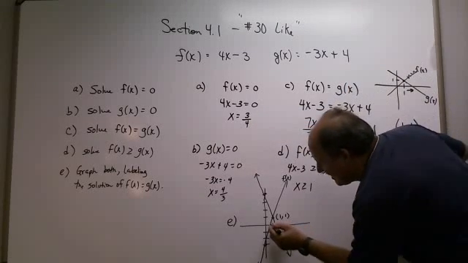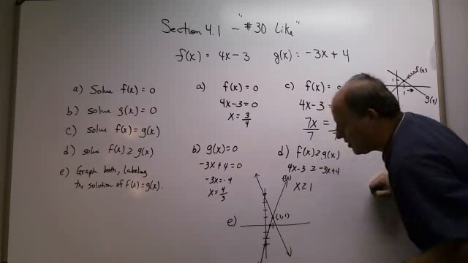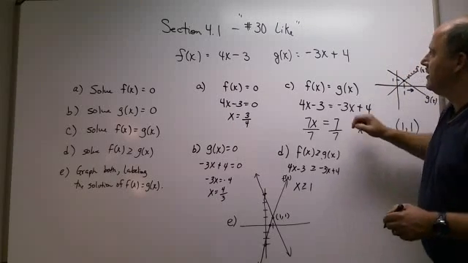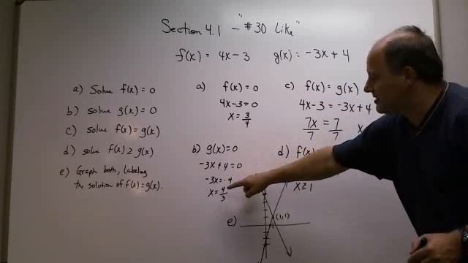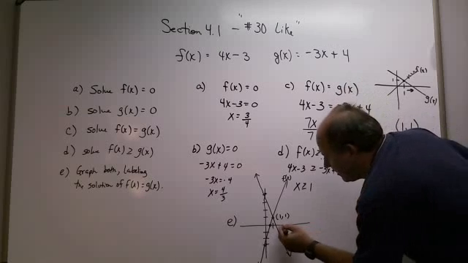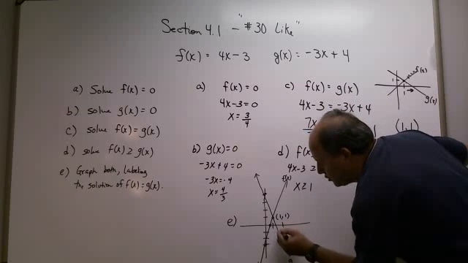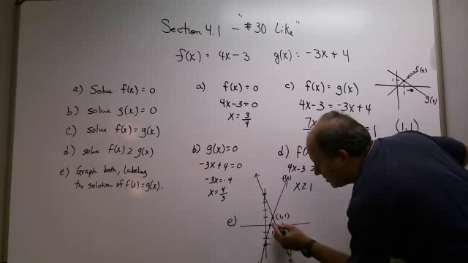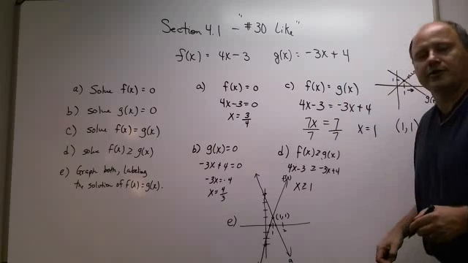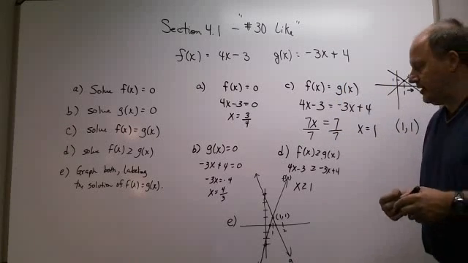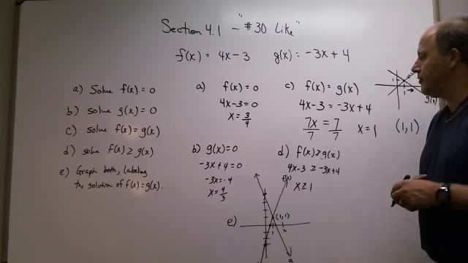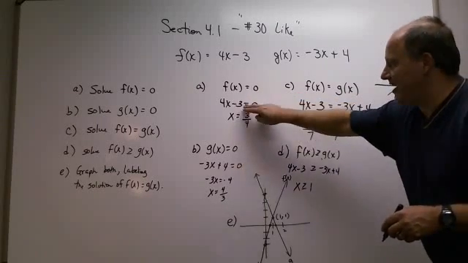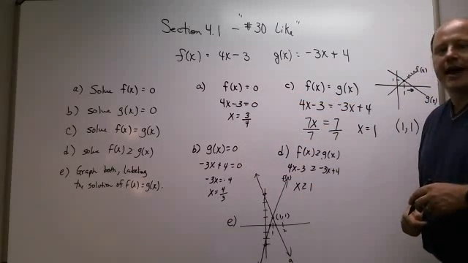And if you notice, that's exactly where f of x looks like it's crossing. And on this one, when you did g of x equals 0, x equals 4/3. If you look here, this is g right here. And here's 1, here's 2. And g of x does look like it's at 4/3. Actually, it's 1 1/3. So it does look like it's pretty accurate. So that's what these two are doing, just finding their x-intercepts. And that's it.